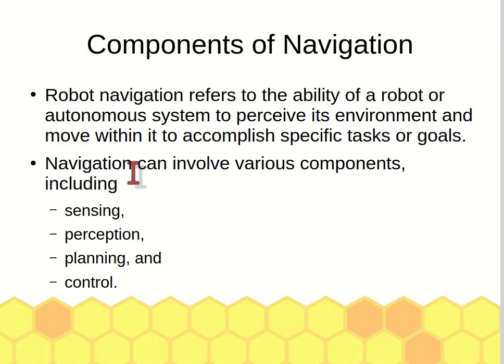Components of navigation. In order to answer the localization problem, the robot has to have the ability to sense the environment, to perceive the environment, and to sense its surrounding. The main components in navigation are sensing, perception, and then the planning, and also the control.